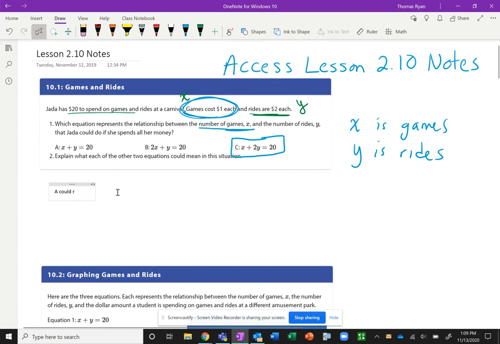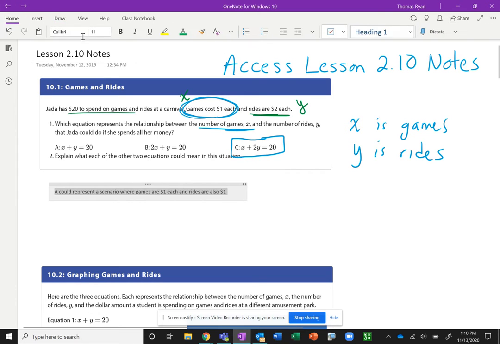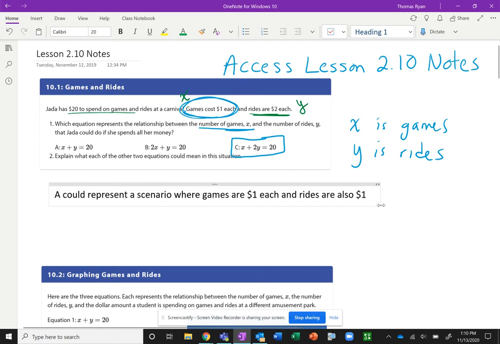Well, A could represent a scenario where games are $1 each and rides are also $1 each because it's just a single X plus Y. So if you said something along those lines, that definitely makes sense.